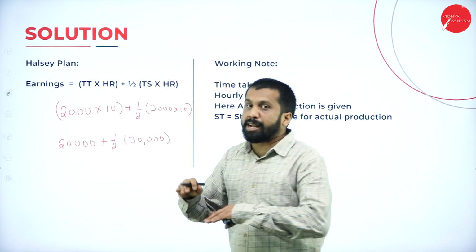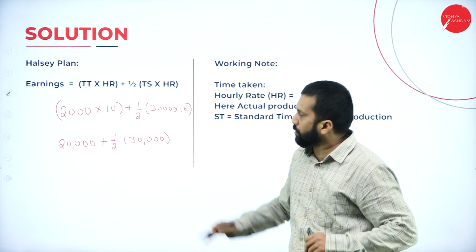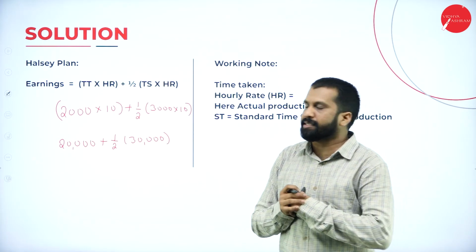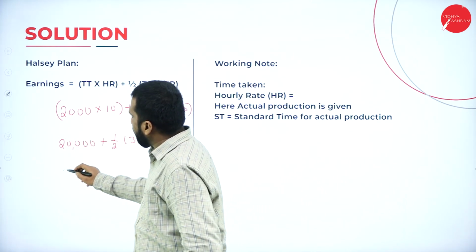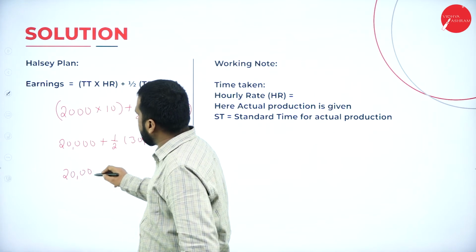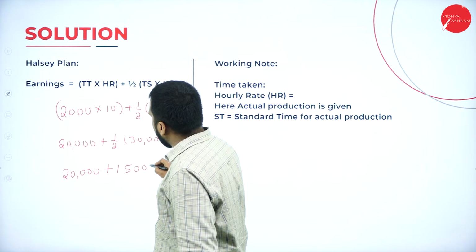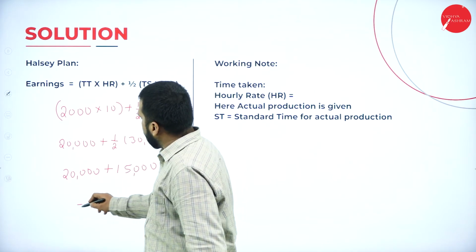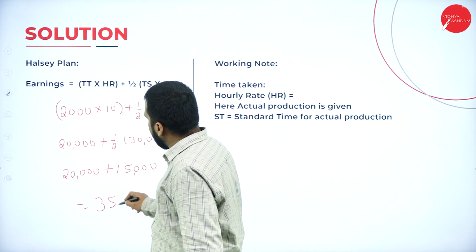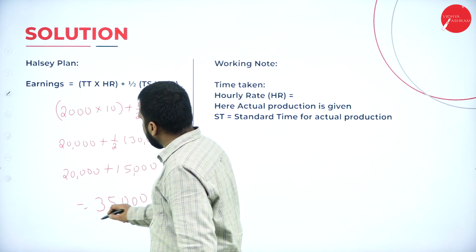I am going step by step. In your answer also, you have to do like this. Now, 20,000 will remain as it is. Half of the 30,000 is 15,000. Your final answer is 35,000.